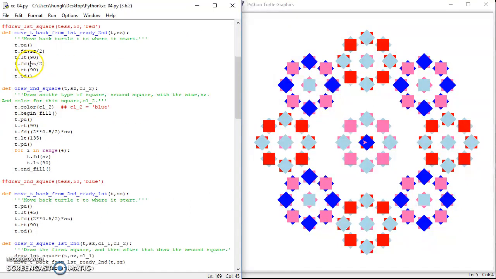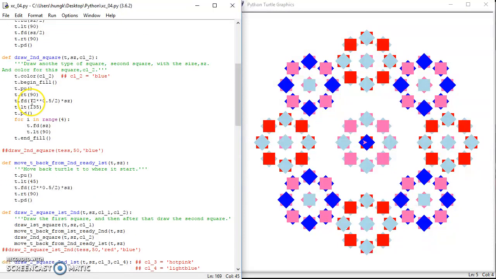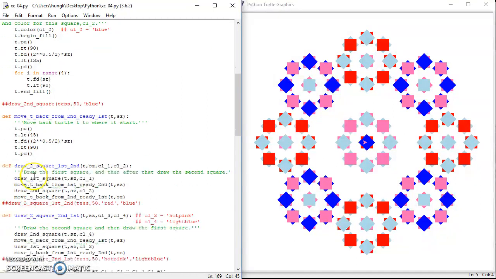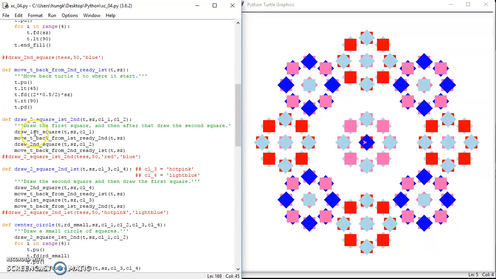We just change the forward size over 2 to forward square root of 2 over 2 times size times SY. And after that, we use the first square and the second square as helper functions to draw the first and second.